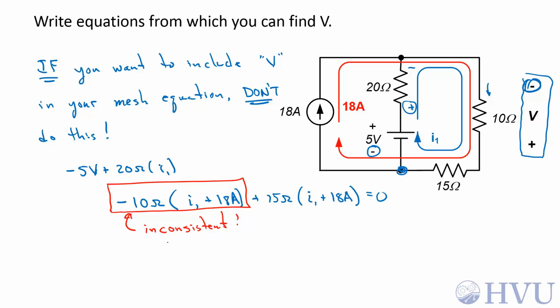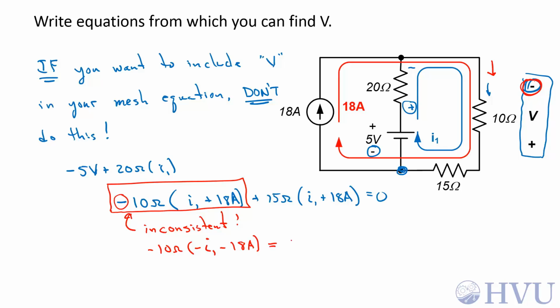So the correct way to do this, yes, you do want to subtract this contribution if you're entering this negative voltage terminal. So that's a negative 10 ohms times the sum of the currents, but now the currents are entering this negative voltage terminal. So I1 enters the negative terminal according to Ohm's law. That has to be a negative I1, and the 18 amp source enters the negative terminal. So that's a minus 18 amps.